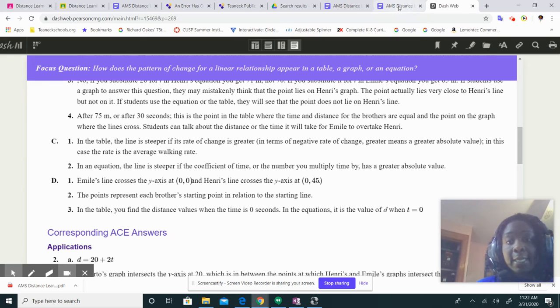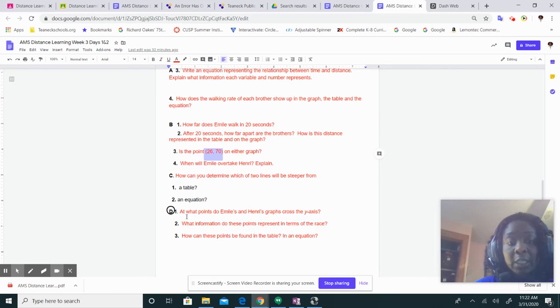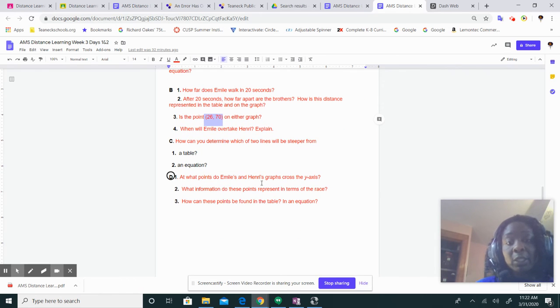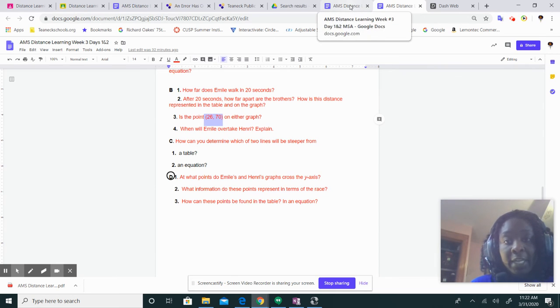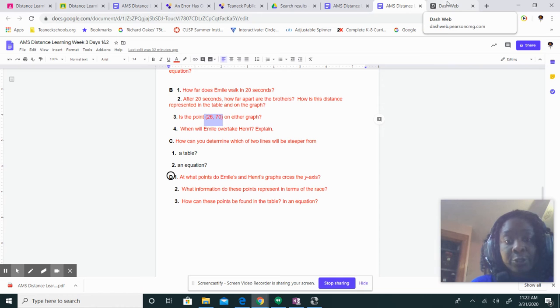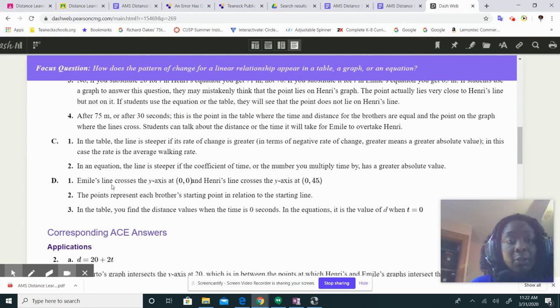Okay, and then let's go ahead with D1. At what points do Emil and Henri's graphs cross the y-axis? What information does this give you? Well, Emil's line crosses the y-axis at (0, 0), Henri's at (0, 45).